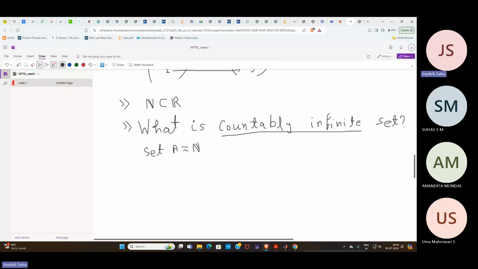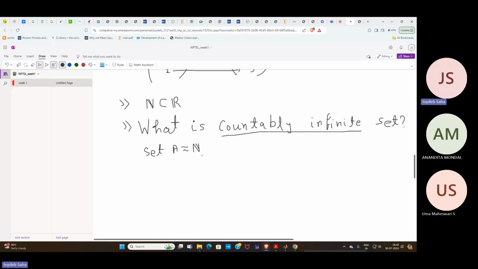The point is that N is the set of natural numbers, and we are saying that set A is countably infinite if set A is equicardinal with the set of natural numbers, right?